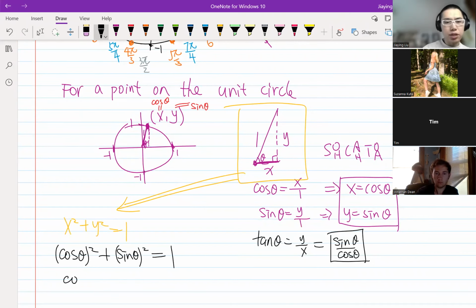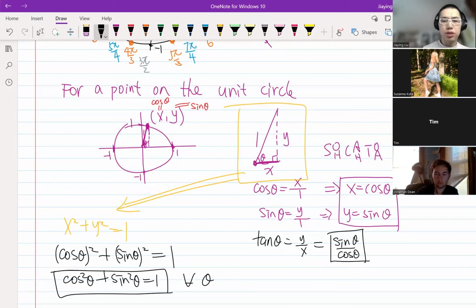Another way to write it is cosine squared theta plus sine squared theta equals 1 for all theta. It could be 5, it could be 100 radians or 100 degrees, doesn't matter. As long as the angle is the same in the sine and the cosine, it's always going to satisfy this equation.